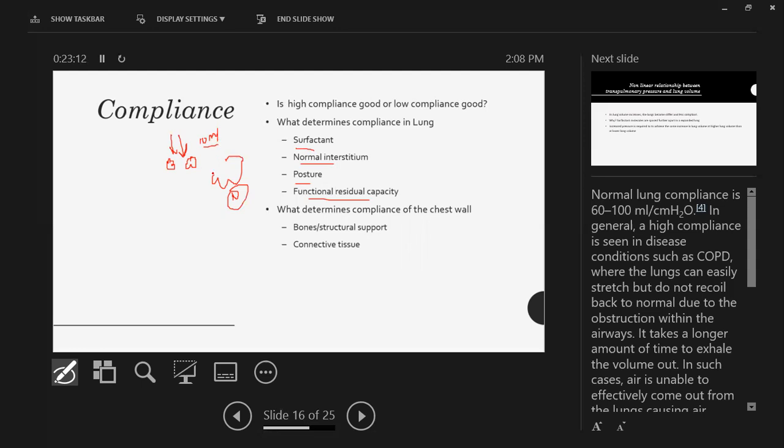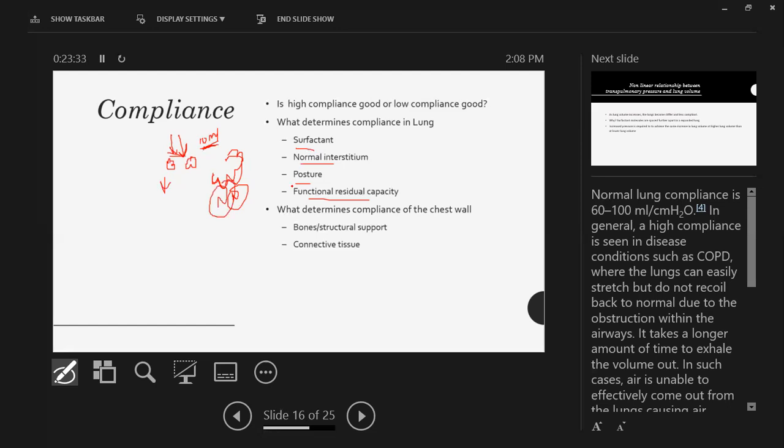In other words, this is a distensible alveolus, where a lower amount of pressure is enough, whereas this is a non-distensible alveolus. To give this much volume, you need to put in higher pressures. So compliance is reduced here, and here compliance is normal. What about interstitium?